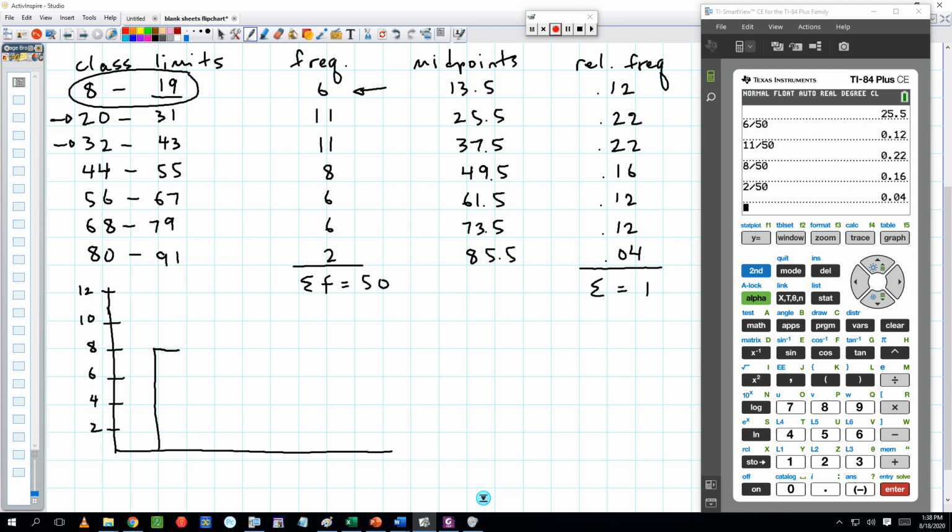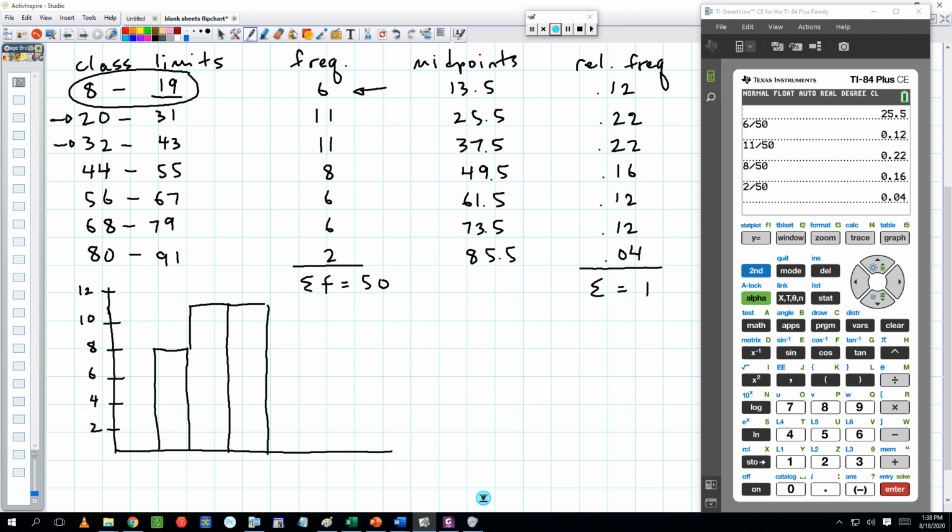Now what's important is you want these lines to be straighter than what you see here, but you want your bars to be exactly the same width. So be careful there. We're going to go up to 11. And these bars should touch. Another 11. An 8.